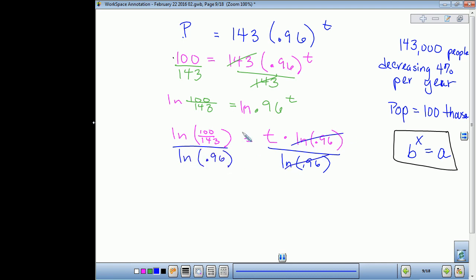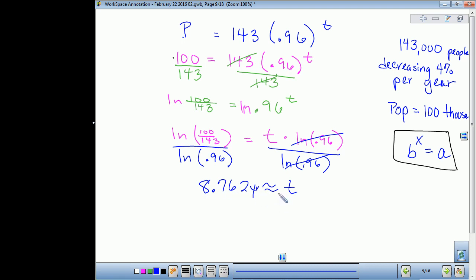Now this would be my exact answer, which in terms of a word problem is meaningless. So let's go ahead and punch this in and round to the nearest thousandth place. And this is years, 8.762 years.